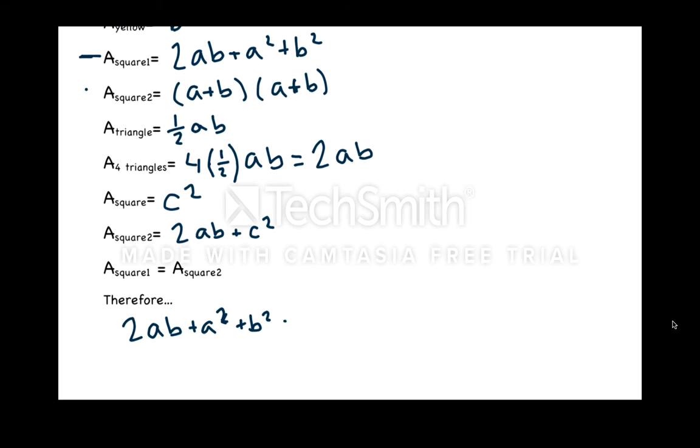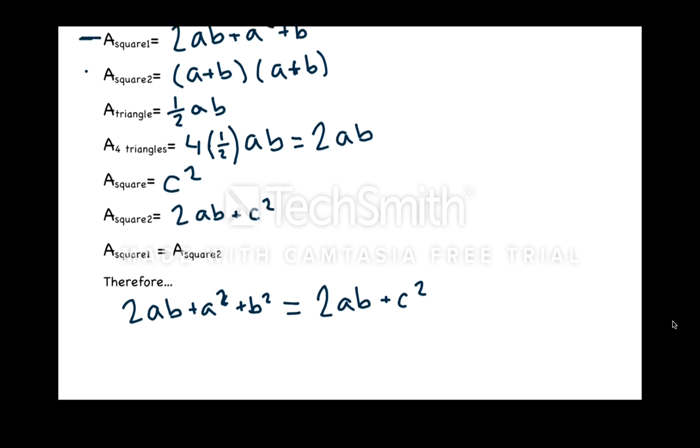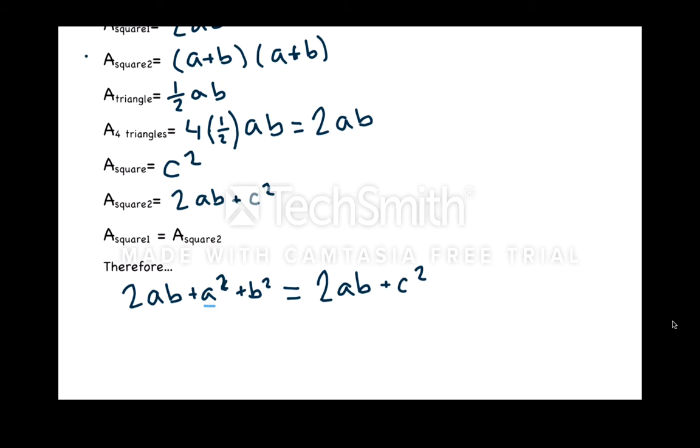And we can set that equal to square 2, which is 2AB plus C squared. Now, you may or may not look at this and see what we can simplify out of here, but you should be able to look at it and see that we want A squared, B squared, and C squared.